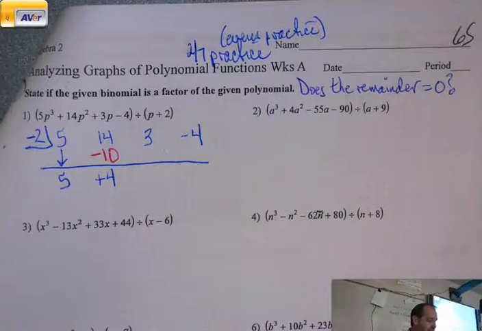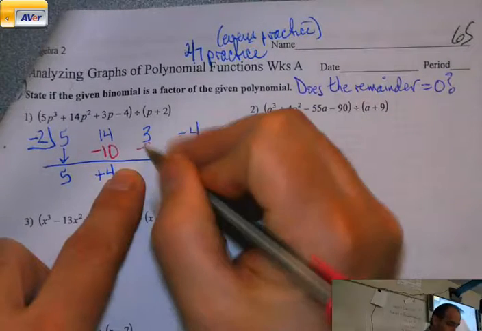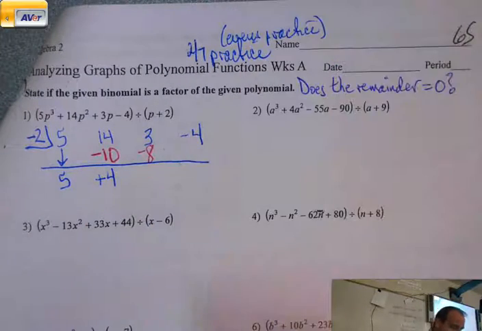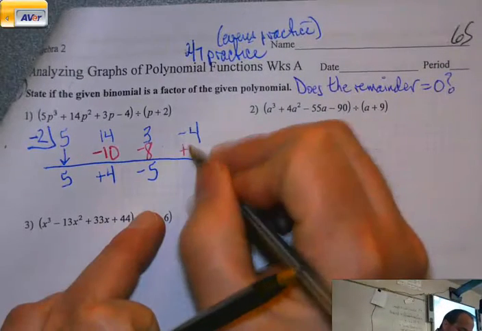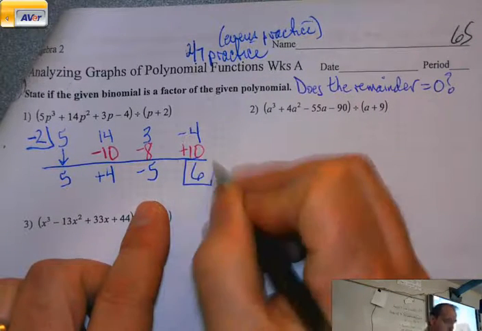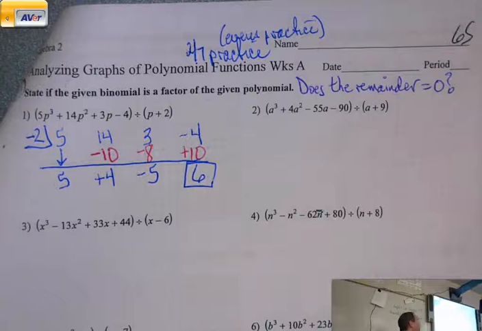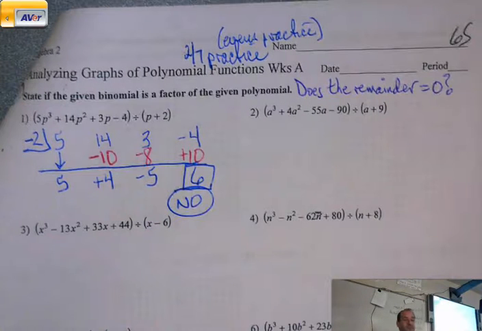And then we keep repeating that process: multiply by what's in the box, next empty slot, add down. We keep doing this until we run out of terms to work with. At this point, the only thing we care about, we don't need to put the variables back in, is the last number. If that number is anything but 0, it's not a factor of the given polynomial. Anything but 0, bad, is all we're basically doing.